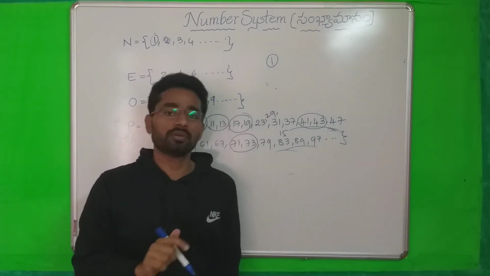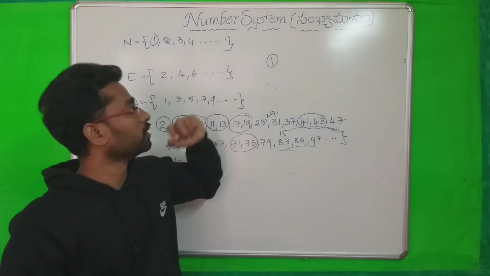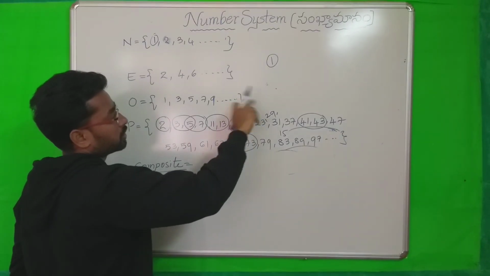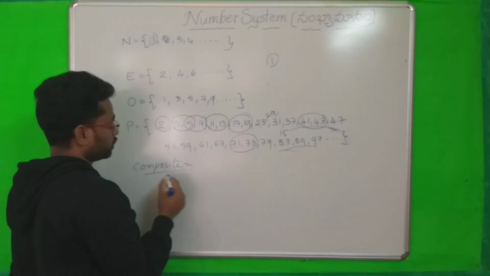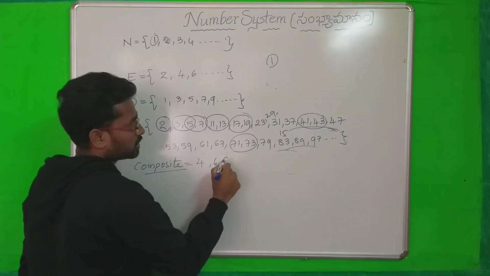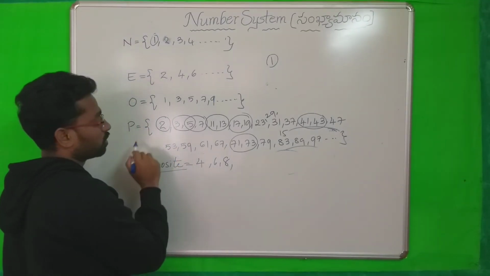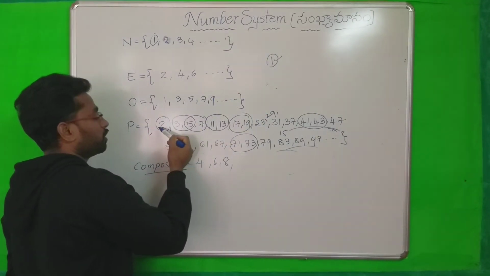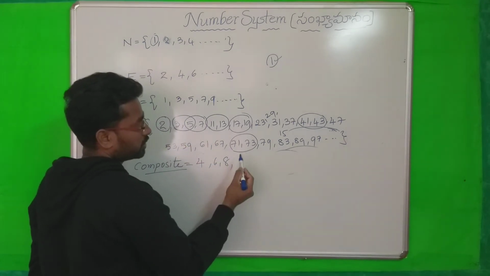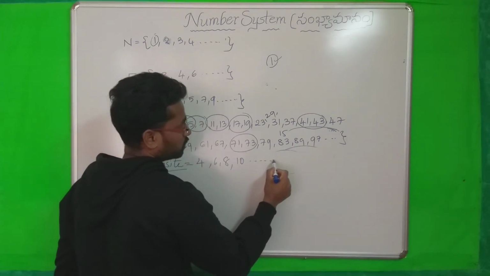Pradhana sankhya kaadu mariyu samyukta sankhya kaadu. So except 1 and the primes, all the remaining are composite. What are the remaining? First 4, 6, 8. Okay, 1 is not a composite number, 2 is prime, 3 is also prime, and 4, 6, 8, okay, 10, and so on like that.